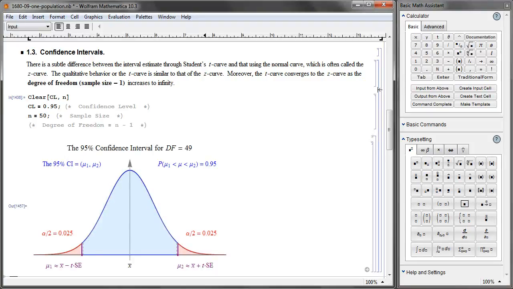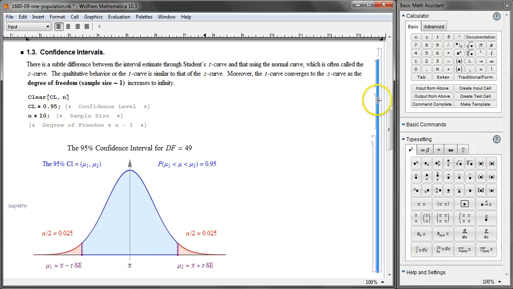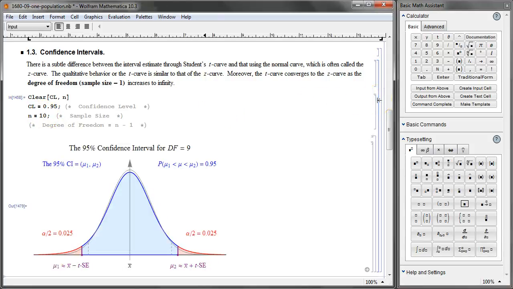It stays here, but the t-curve has moved almost on top of it, so we can't really see it. The dotted line segment and solid purple line segments are so close to each other, we cannot see the difference. And if we take a medium sample size, like 10, there is some difference, but not as big as with a smaller sample size, like this.